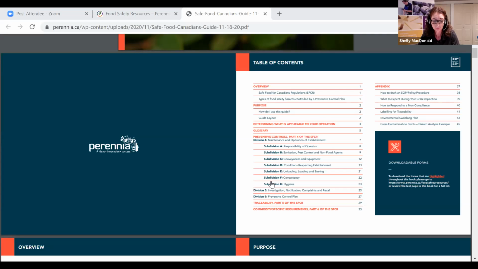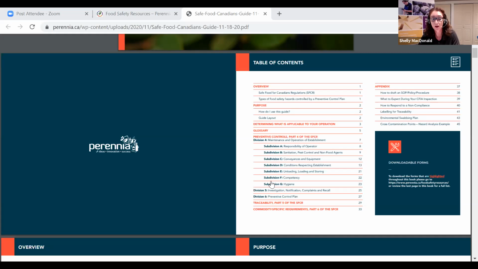Then there's a glossary. Then it gets into the preventive controls. So that's what a lot of you are probably here to talk about today, the preventive controls with Safe Food for Canadian regulations. And then it goes into the investigation, notification, complaints, and recalls, preventive control plan, traceability, commodity specific requirements, and the appendix.